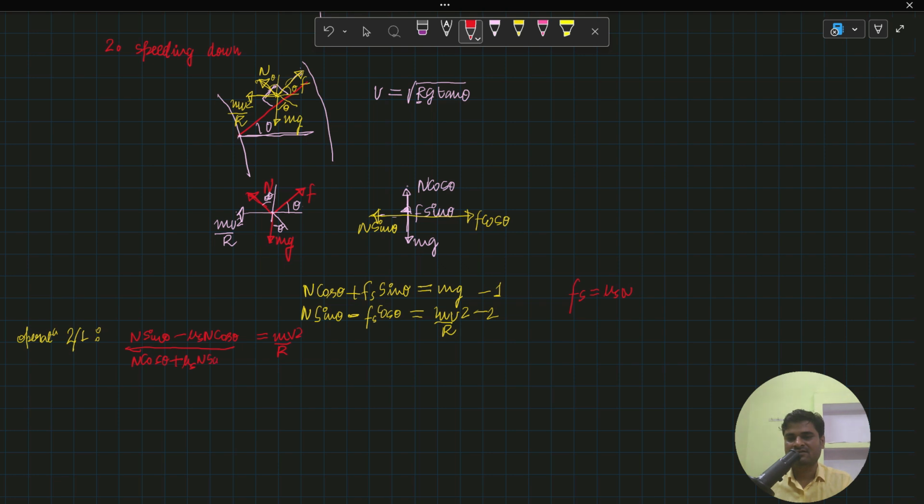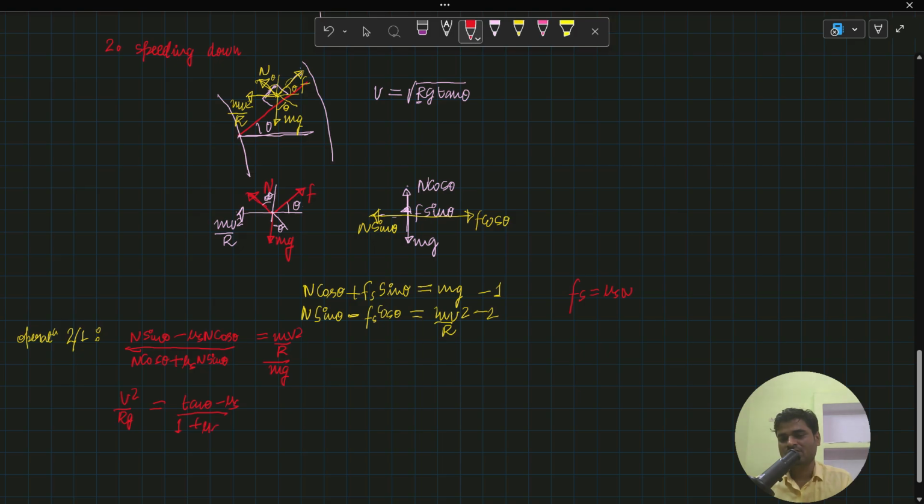So from this equation we see that v²/rg equals, cancelling N from the numerator and denominator and dividing numerator and denominator by cos θ, we get (tan θ minus μs) divided by (1 plus μs tan θ).